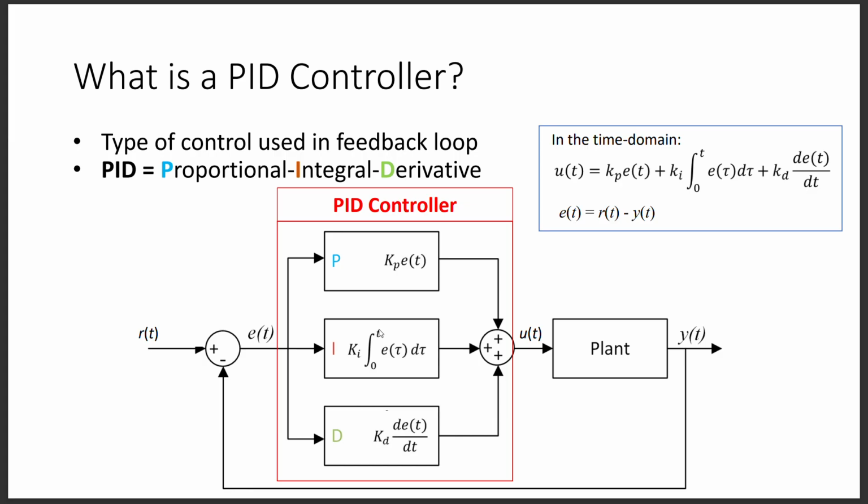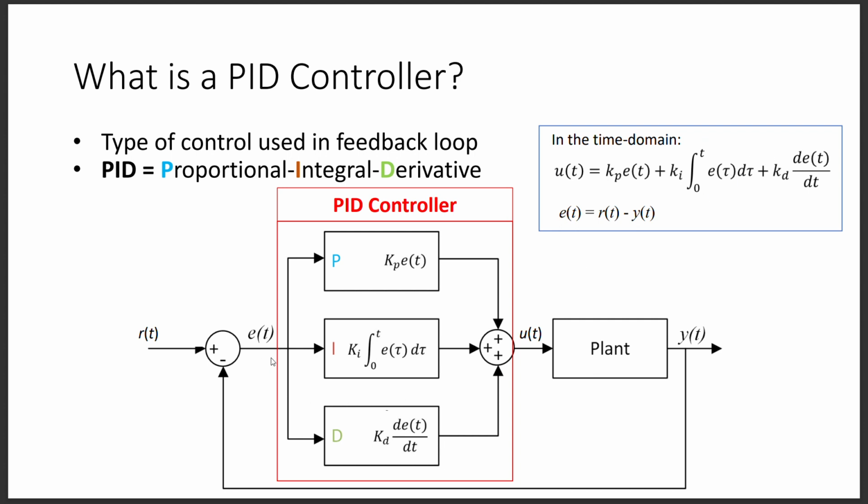It's very simple, it's very easy to understand, it's very easy to learn, doesn't really need as much mathematical understanding, and it works like this. So it has three components: P and I and D: proportional, integral, and derivative. The equation can be written this way in time domain.